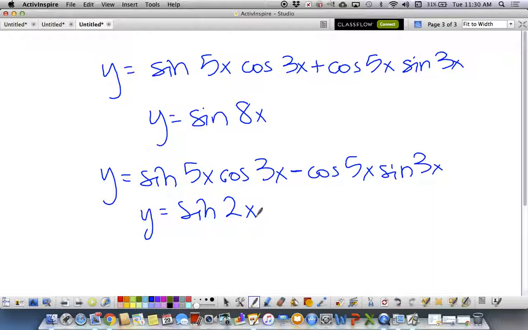Correct? Alright, so let's go ahead and try to figure out a formula for this. And it's different than the other sides. We're going to talk about both sides, and we're going to compare them. But in this case, they were all a sine and a cosine, and a sine and a cosine. They were mixed together.